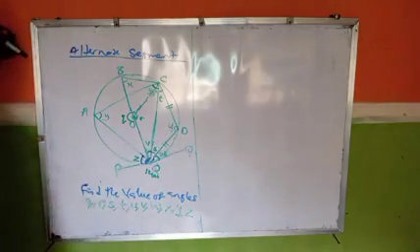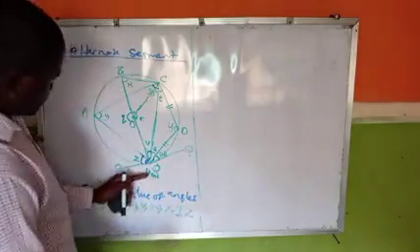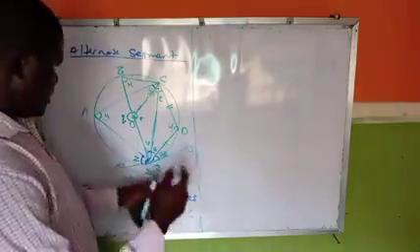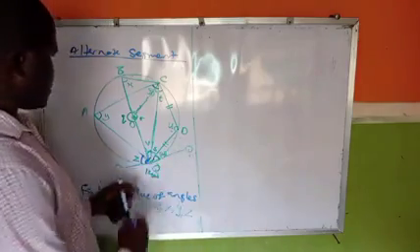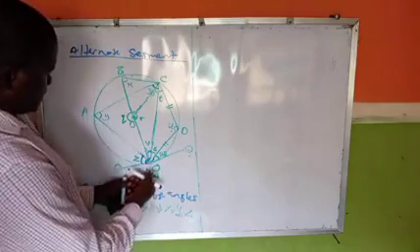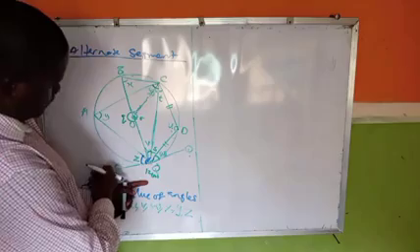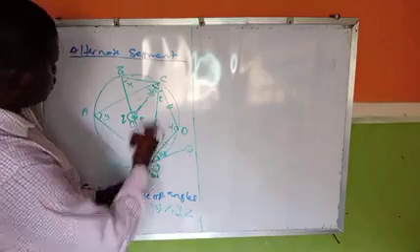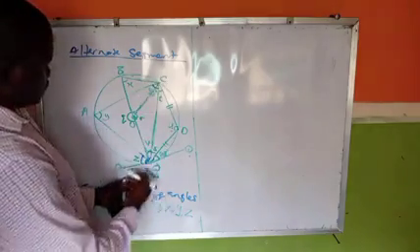That's the alternate segment. I'll show you how to pick the angle. If you want to write the angle, this one is going to be angle PQC. So angle PQC is 120.